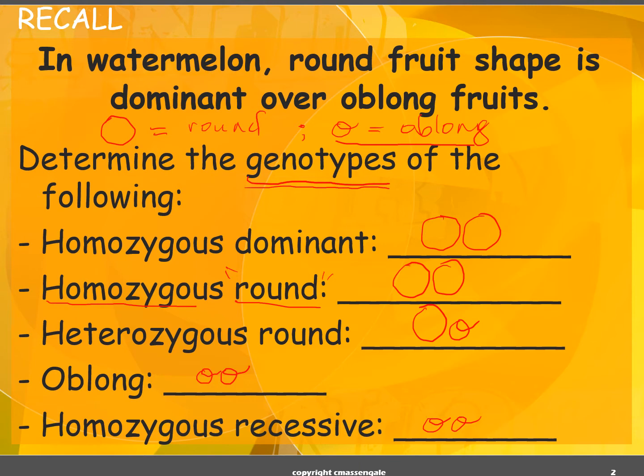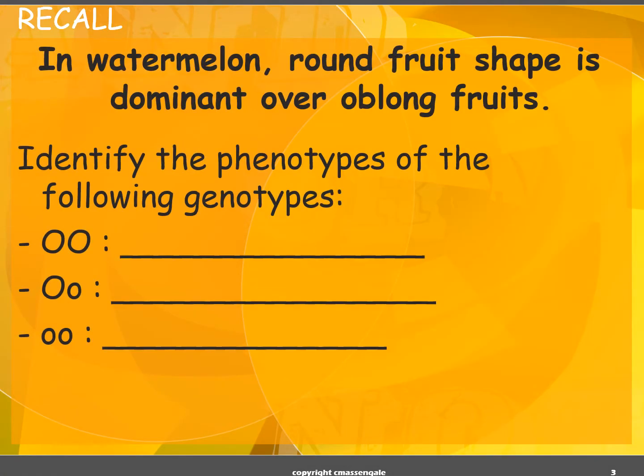Now let's continue. Third slide. Again, let's write down here the answers that we had from the previous slides. Capital O is our round, and small letter o is our oblong. Now at this point, the question asks you to identify the phenotypes of the following genotypes.